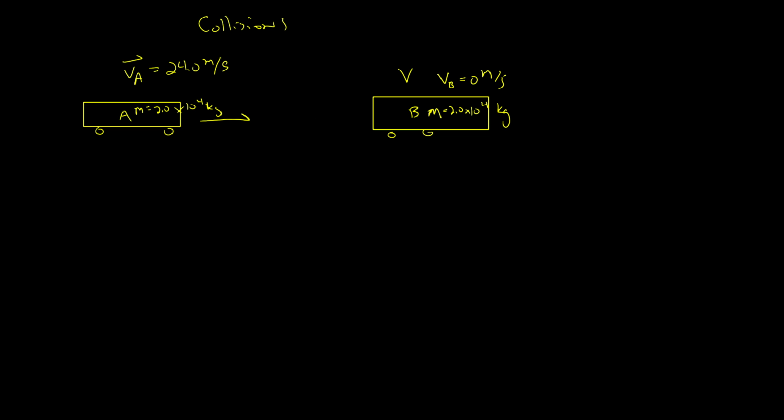This is the system before the collision. At some point they're going to collide, and there is a coupling. When the cars come together, the coupling locks. Afterwards, we have the two train cars, A and then B, moving together, and we want to know which way the combined system is moving and with what speed.